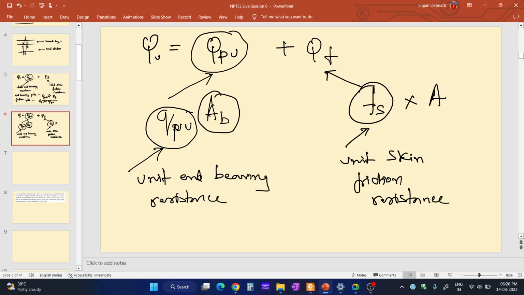Okay, surface area of the pile. This one is the area of the tip of the pile, the area of the pile base. If we know the diameter, we can find out the area of the pile base. And this AS, what is AS?